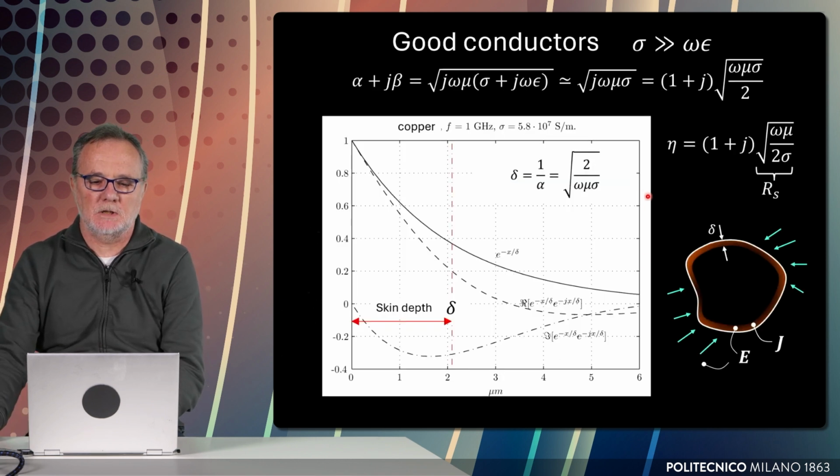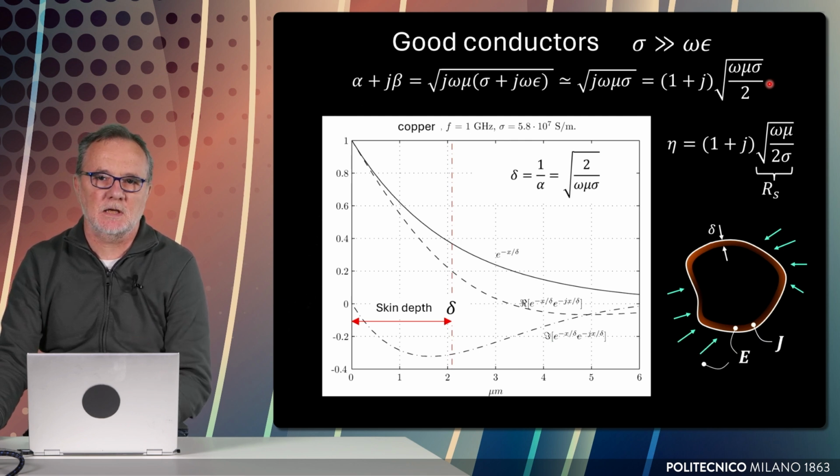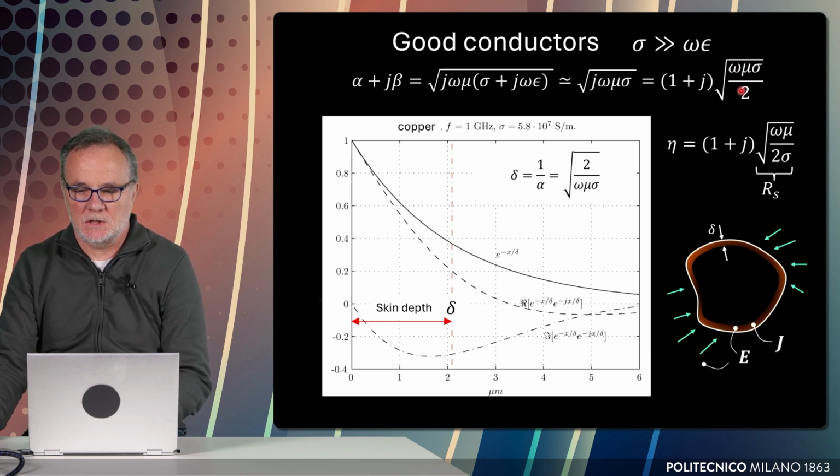What happens in good conductors? We can, as you see, simplify the expression of alpha plus j beta by neglecting omega epsilon with respect to sigma, so as to obtain this expression, which tells us that alpha and beta have the same value, which is, as you see, the square root of omega mu sigma over 2.